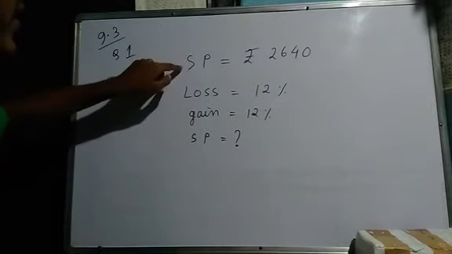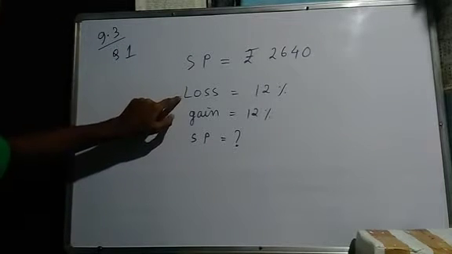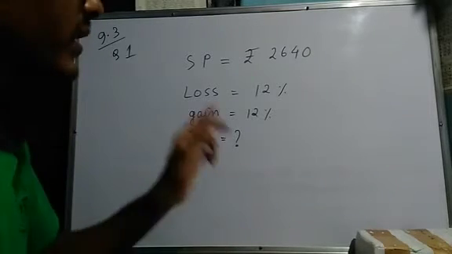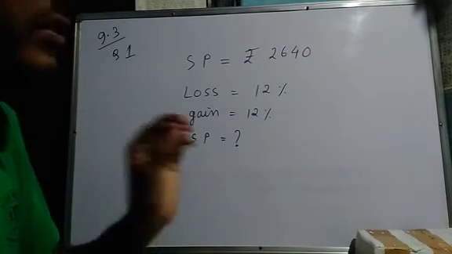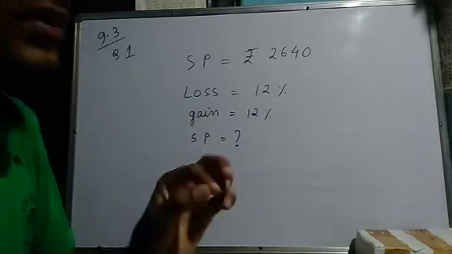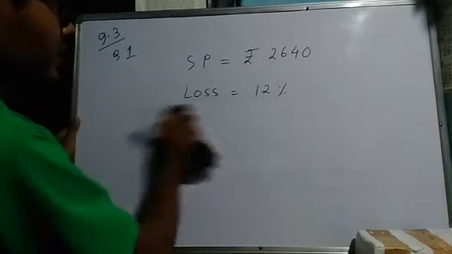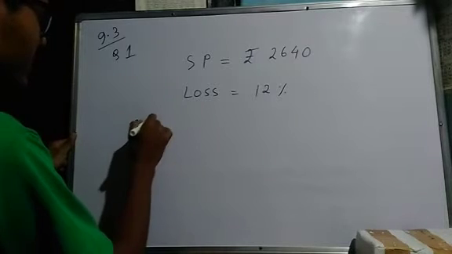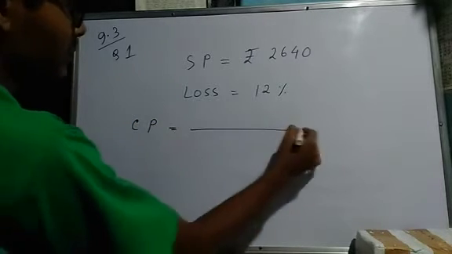See here, SP and loss are given in the first case, but we don't know the cost price. So at first we have to calculate the cost price, that means the original price of the product. The CP formula I have already written here.